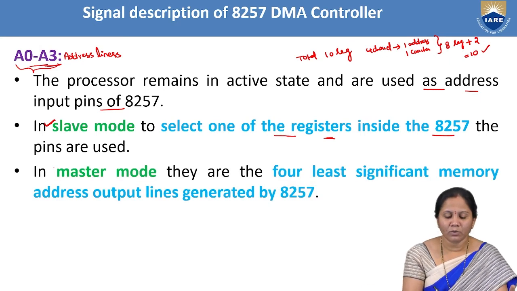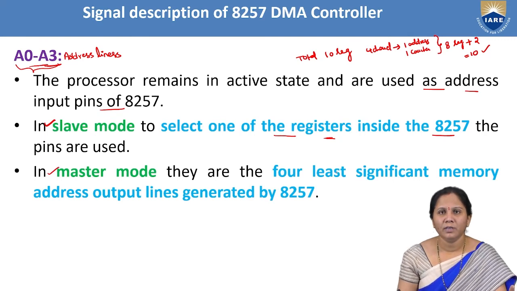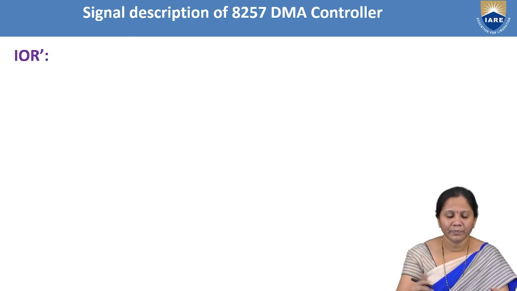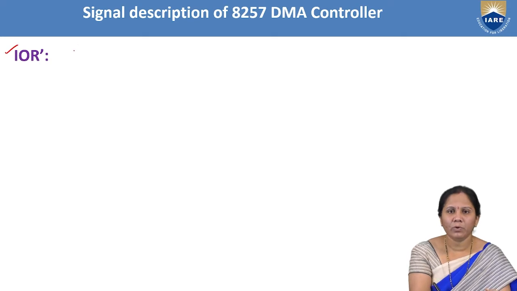And if it is operating in the master mode, these A0 to A3 lines will act as the 4 least significant memory address output lines generated by 8257. So in the slave mode it has one function, in the master mode it has another function. And the next signal is IOR bar.